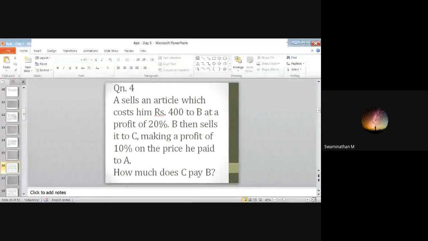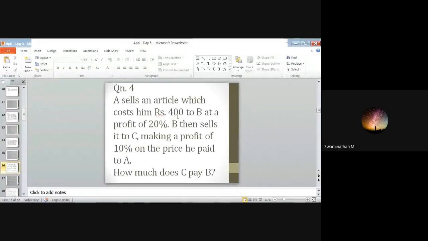So this 400 is the cost price of that article when A bought, and he is selling to B at a profit of 20%. B then sells it to C, making a profit of 10% on the price he paid to A. So first find what is the price B paid.